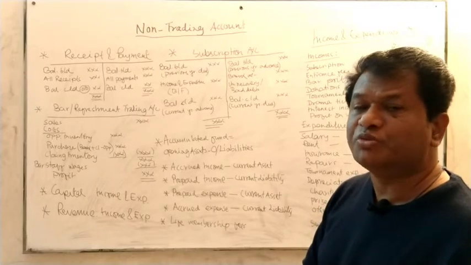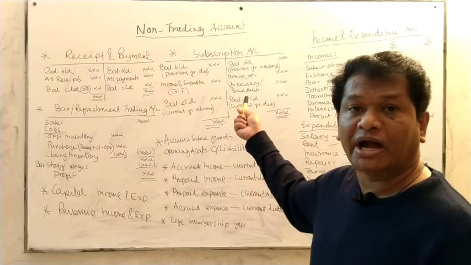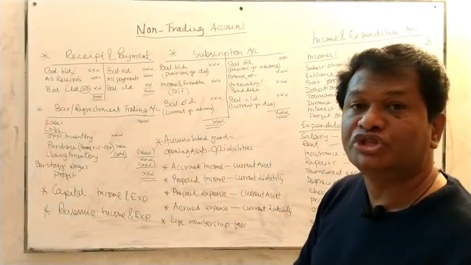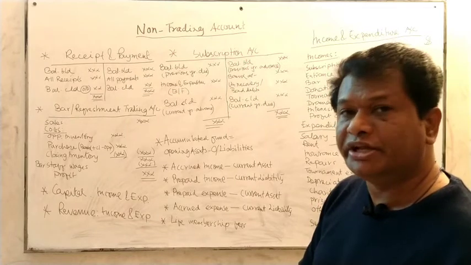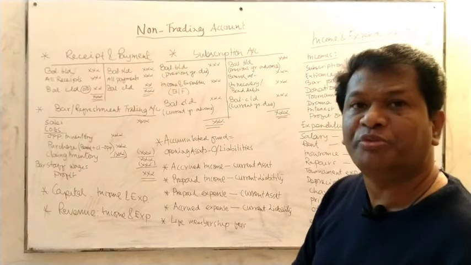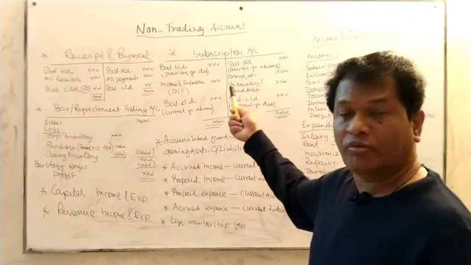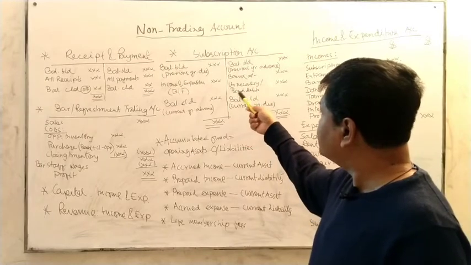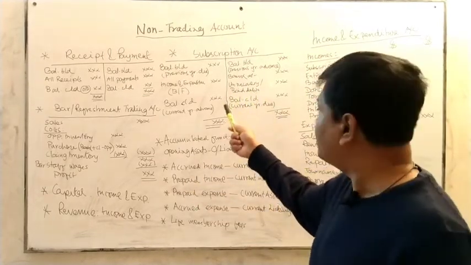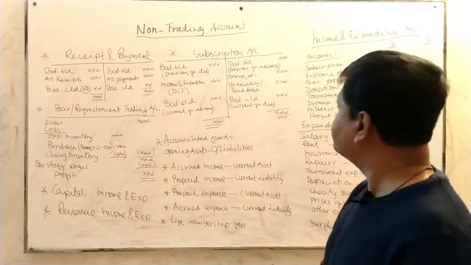But here the term is not appropriate because bad debt is normally used in a trading concern, meaning a concern established in order to make profit. The wiser decision is to write the unrecovered amount, or similar terms.